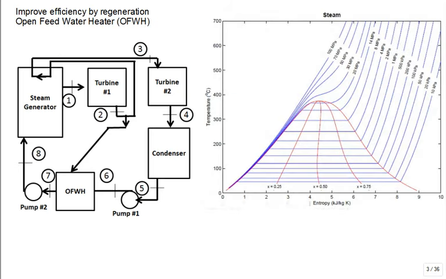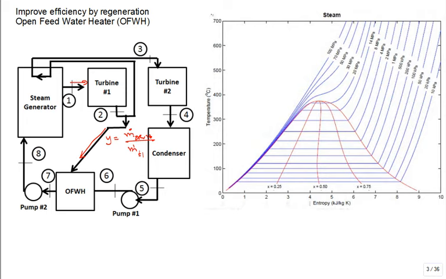So we improve the efficiency by an open Feedwater heater. That's what we covered last time. So we take some fraction of the flow and divert it after the first turbine. And y would be something like the mass flow rate that comes down in this pipe to feed the open Feedwater heater divided by the mass flow rate that went into the first turbine.